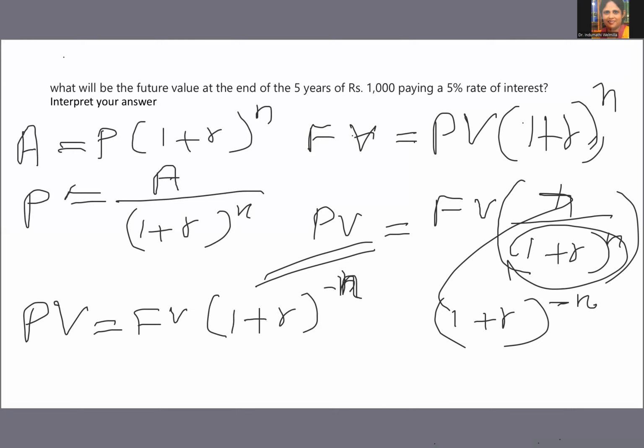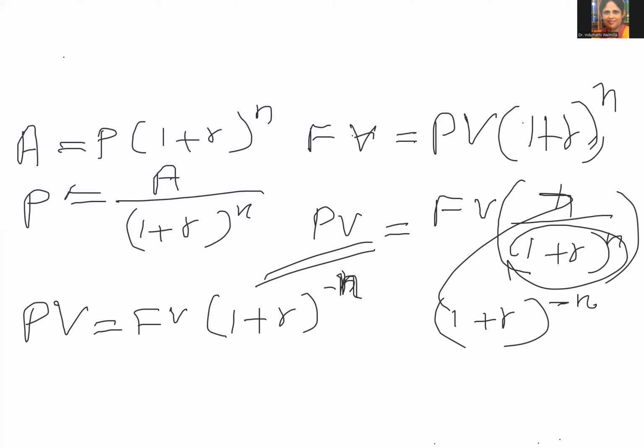Most of the time when simplifying, we have to bring it to the downside. Remember, the formula we use for compound interest, we can apply for future value and present value situations. Shall we look at some examples?